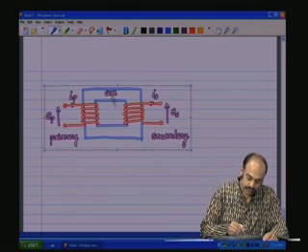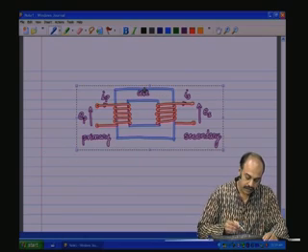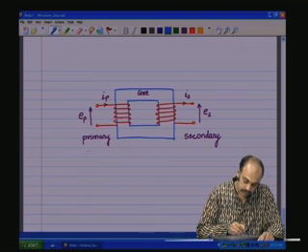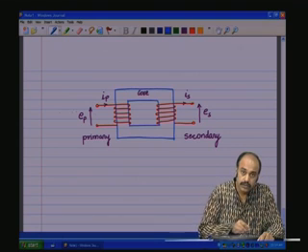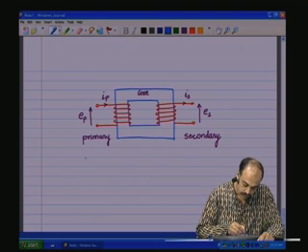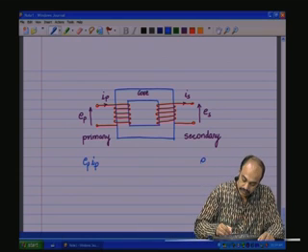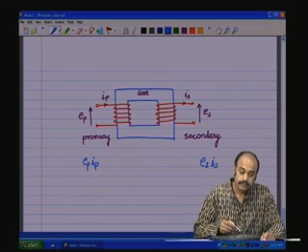So, if you take this core material, there is going to be an input power EP IP going into this port, and then there is going to be ES IS which comes out of the secondary port.